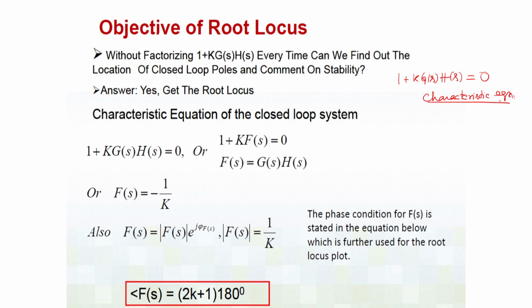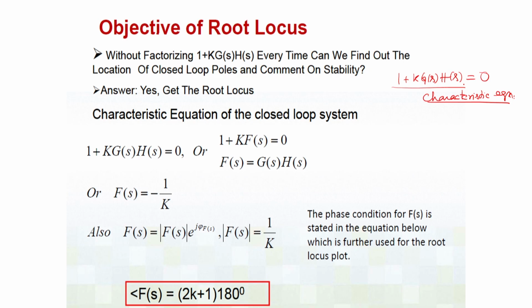Okay. So, our intention is that for different values of s we want to figure out what are going to be the roots of this. Okay. And we also want to know whether the point will be part of the root locus or not. That means, if I take an arbitrary value of s, I need to test it instead of actually solving this equation.